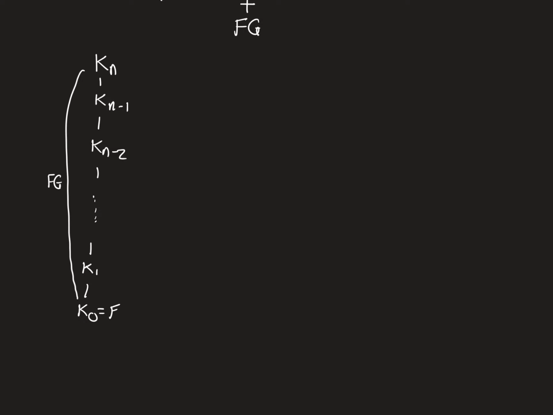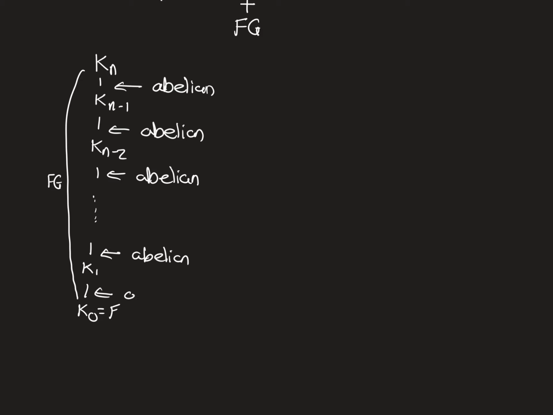So Kn over K0 is finite Galois. And we're saying that every single one of these individual extensions here is an abelian extension, so finite abelian, meaning it's Galois with an abelian Galois group. And then I'm claiming that I can now conclude that this extension is then a finite solvable extension.